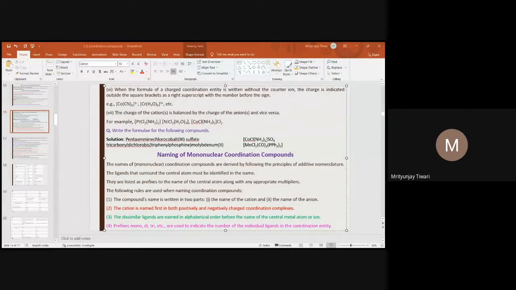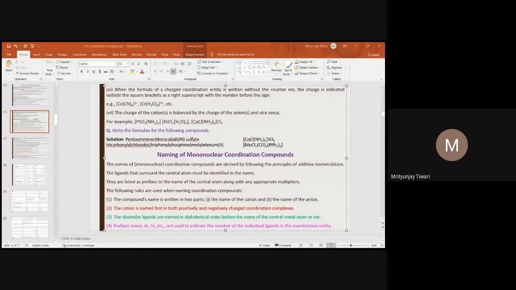There are cationic complex entities or cationic coordination entities, anionic coordination entities, and neutral coordination entities. What I mean to say is, if the coordination entity is anionic, like in the example that we have already seen, this is an anionic coordination entity.